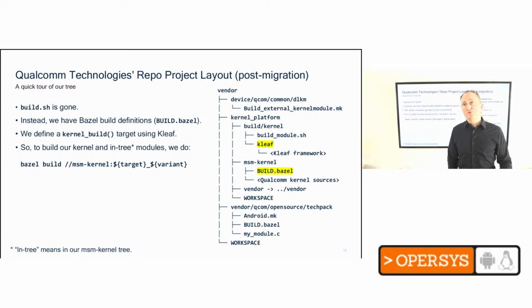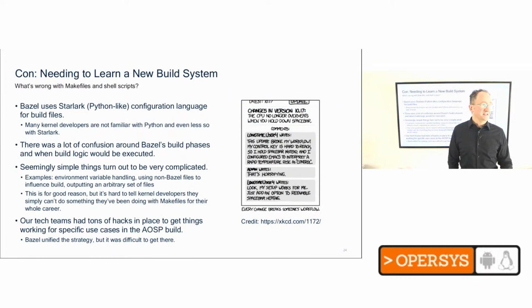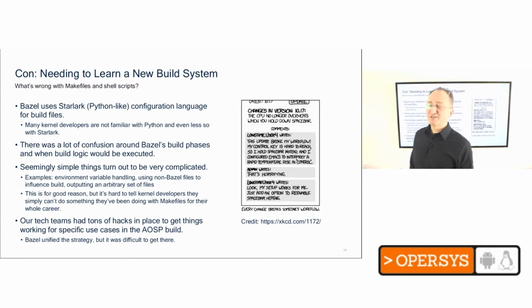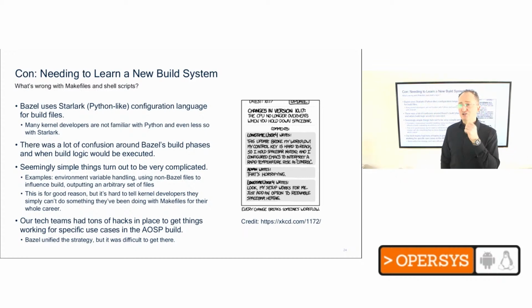What's interesting in there is that one of his last slides is about needing to learn a new build system. I was talking to John later on. He said he had found a good presentation on YouTube about Bazel and used that to school himself in how to work with this.